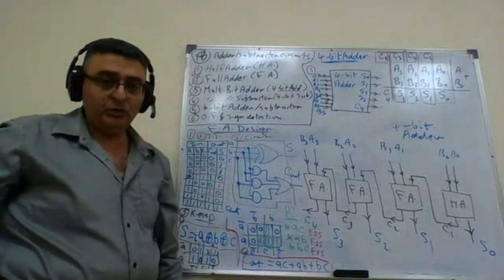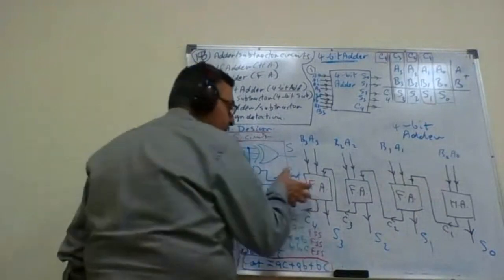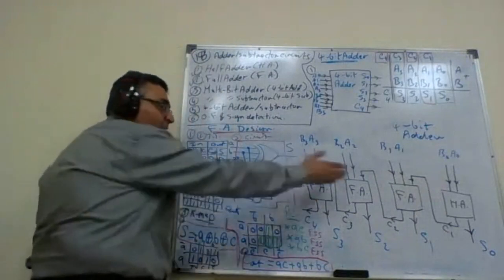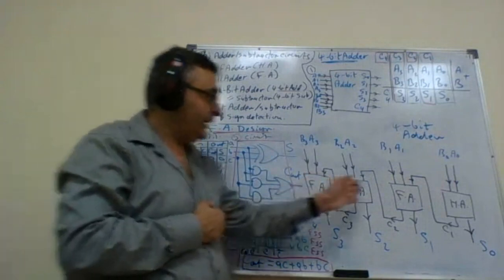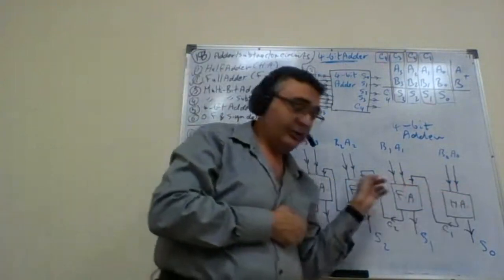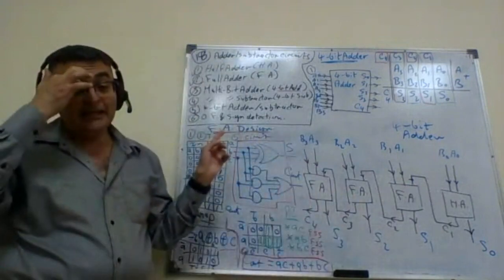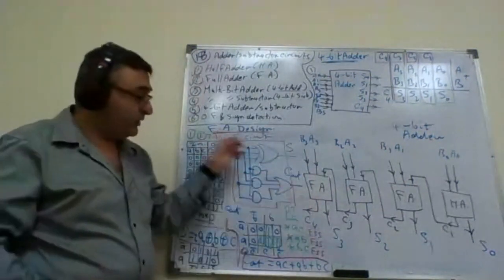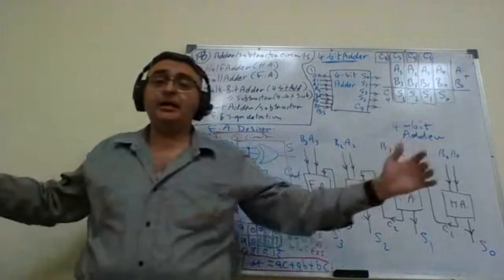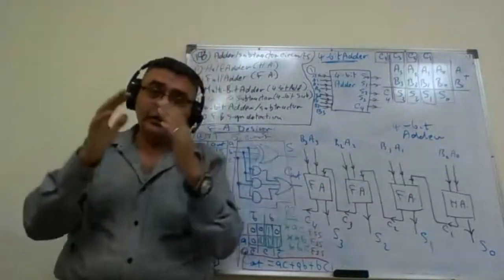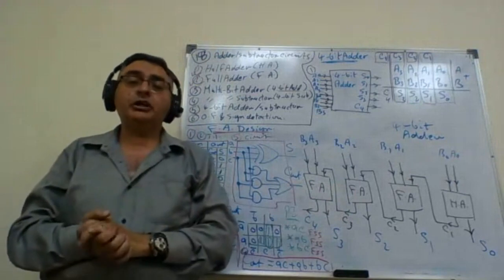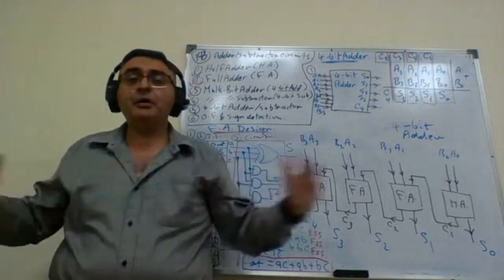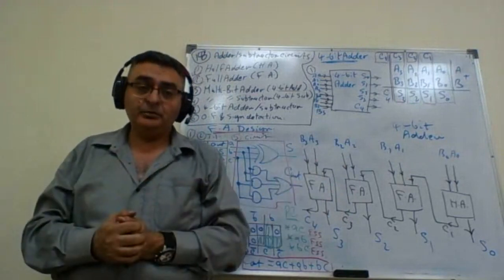Simply, all you have to do is replicate more full adders here. I can have the full adder repeated as many times as I want with the connections. I can expand the circuit, and this is another very high advantage of this hierarchical way of design. It is very easily expandable.